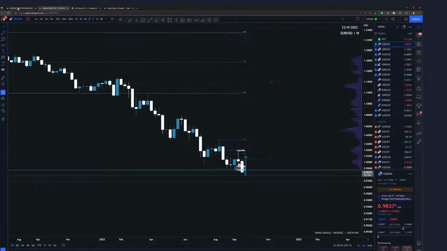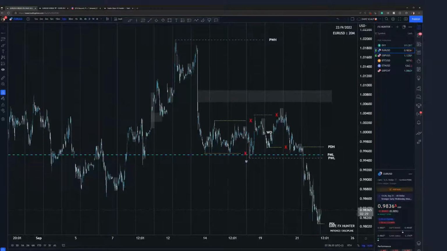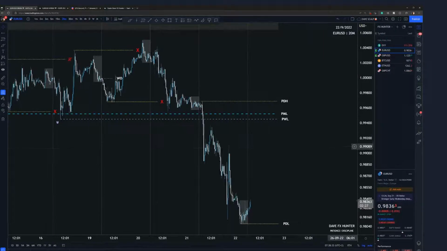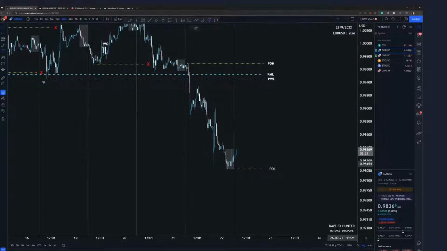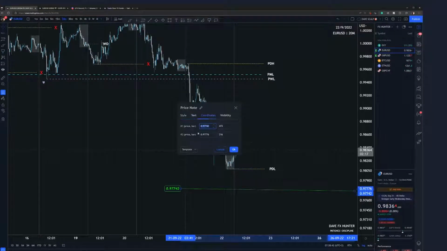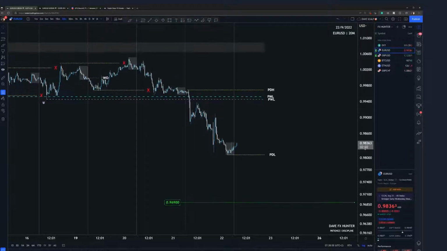So I'm going back here to my 20 minutes chart, and I'm going to highlight this 0.969, sorry. Right, so that would be a bigger, significant level, right? So that means that we can go even lower.